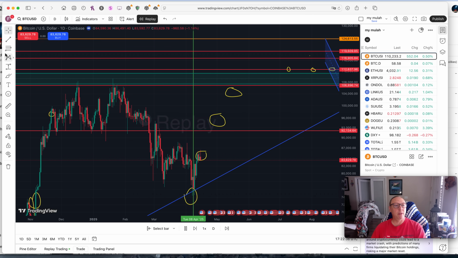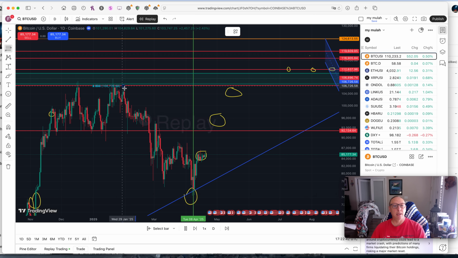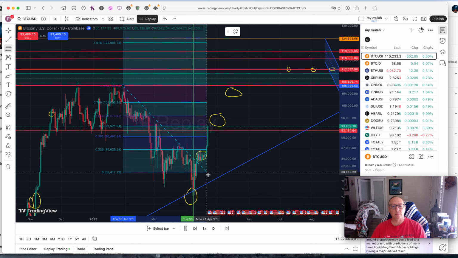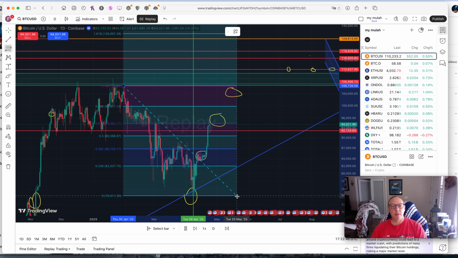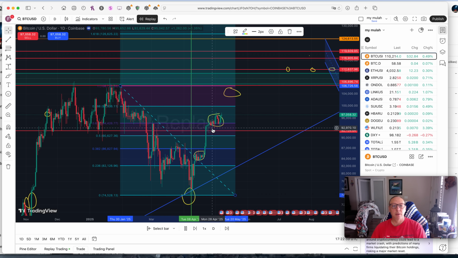It would help if I put the Fibonacci chart in. Fib retracement from the high down to the low, and we want the midline to touch all the resistance points, and that's about as best as we can get, and then click play. So we watch the Fibonacci's are going to retrace and hit all of these levels.